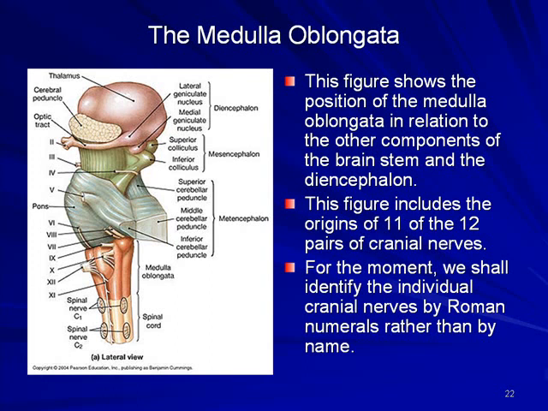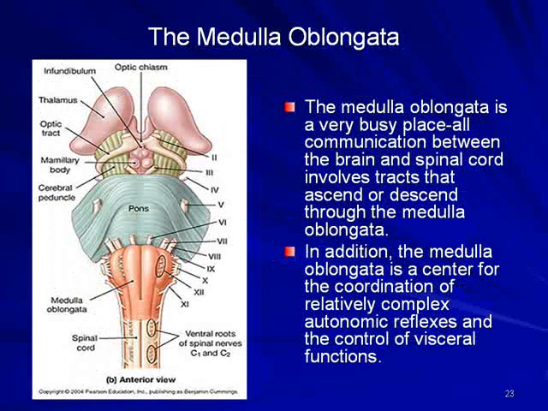So the figure includes the majority of the cranial nerves, 2 through 12 are posted there. Gives you some appreciation for where the nerves come off. Roman numerals are used to designate the cranial nerves. This is another view identifying the pons. The medulla oblongata is a very busy place for communication between the brain and spinal cord.